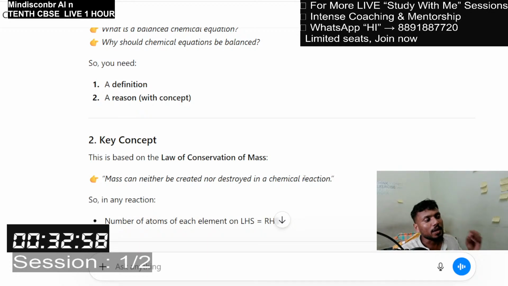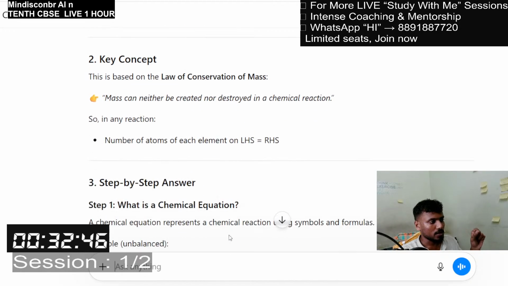That is, mass can neither be created nor destroyed in a chemical reaction. So in any reaction, the number of atoms of each element on LHS is equal to RHS. So in a balanced chemical equation, the number of atoms on LHS is equal to the number of atoms on RHS.